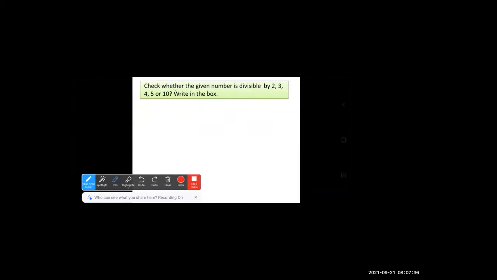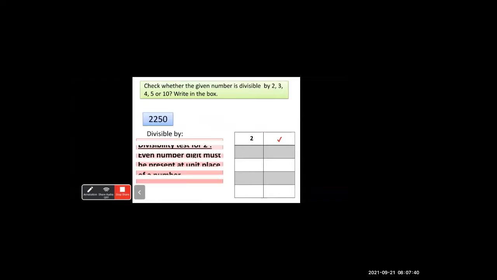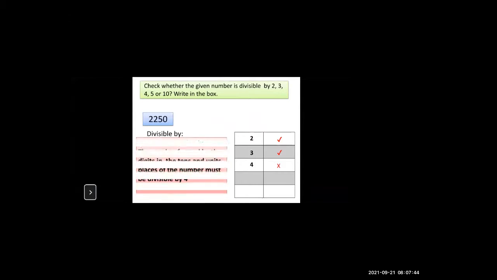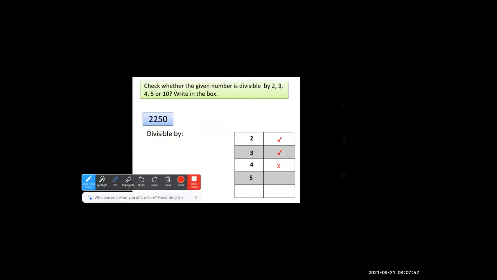Now let us check for another one. Now let us move to the divisibility test of 5. Tell me, is the number divisible by 5 or not? Is this number 2250 divisible by 5 or not?